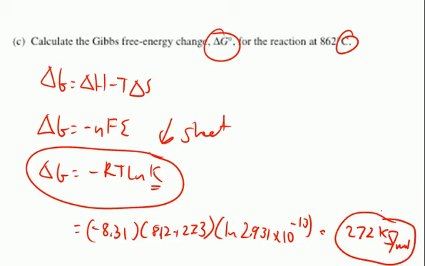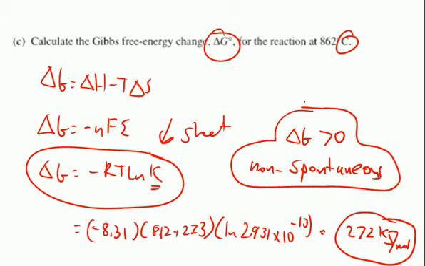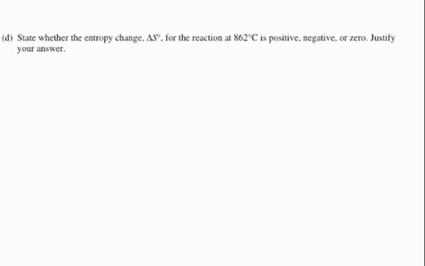Before we move on, let's talk about what this means. Delta G is greater than 0, which means it is non-spontaneous. It's always a good idea to stop and reflect on what your numbers mean. D: state whether the change of entropy, delta S, is positive, negative, or 0.